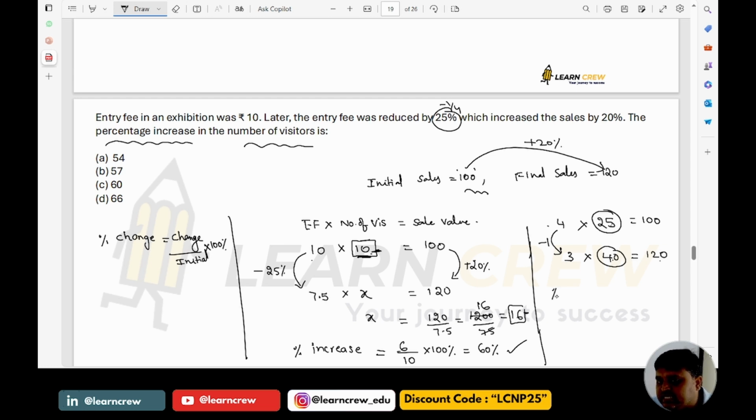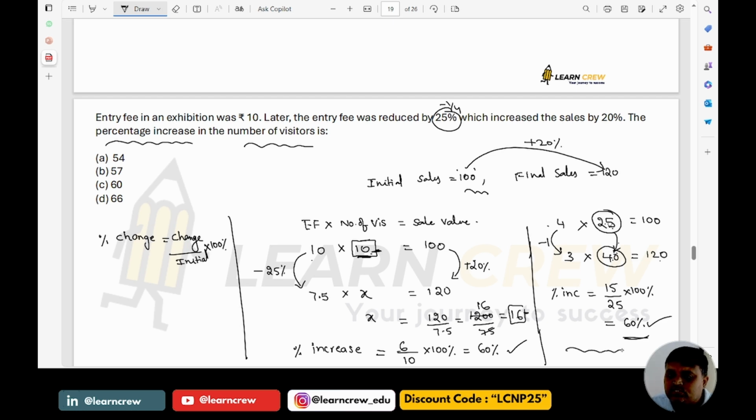So percentage increase is increase in visitors by initial number of visitors into 100. So for 25 initial there is an increase of 15. For 100 initial, 25 becomes 100, which is 4 times, and 15 also becomes 4 times, which is 60.